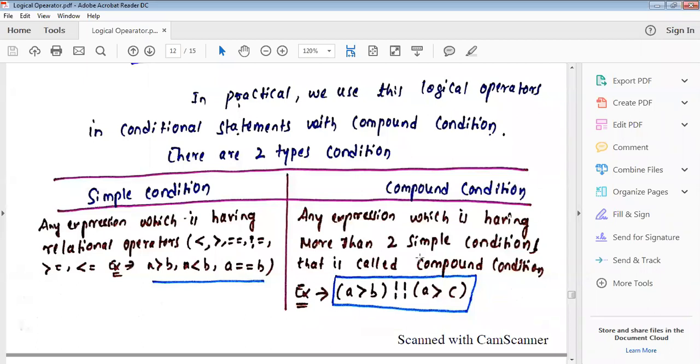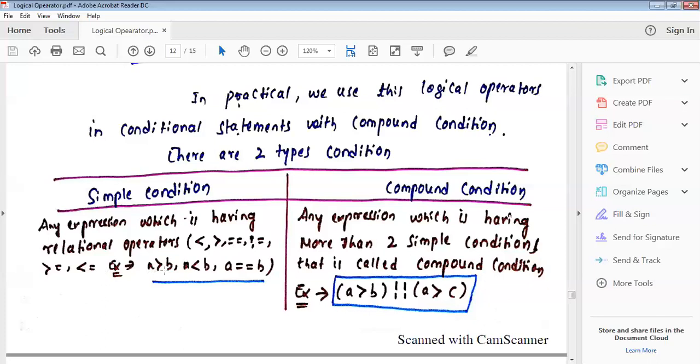So what is the difference between simple condition and compound condition? Any expression having relational operators, which we have already discussed: less than, greater than, double equal, not equal, greater than or equal, less than or equal. These are the relational operators, used to compare two variables.